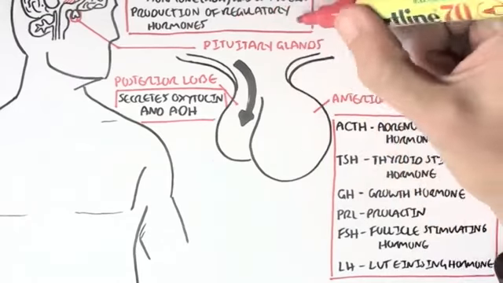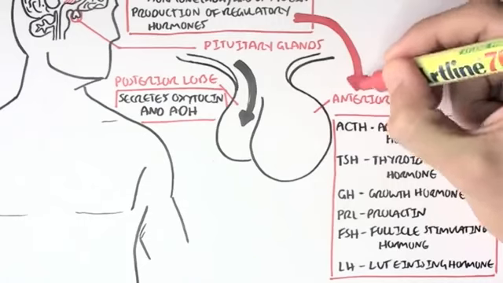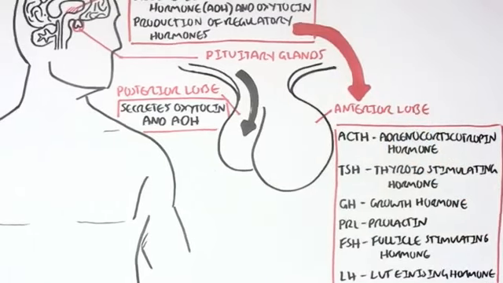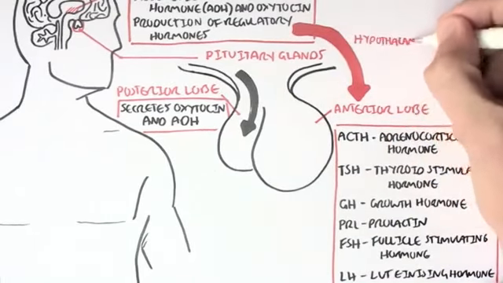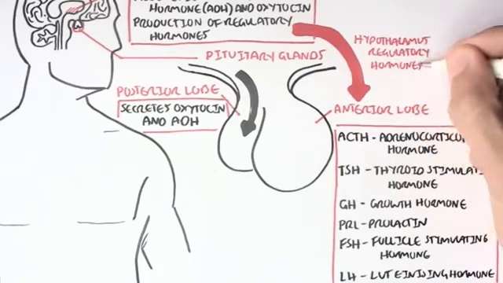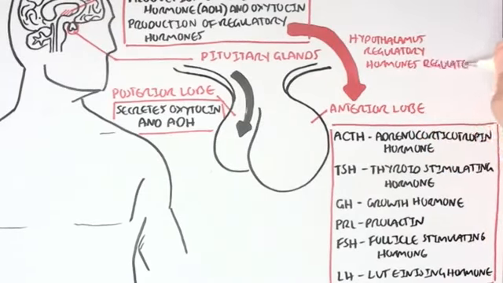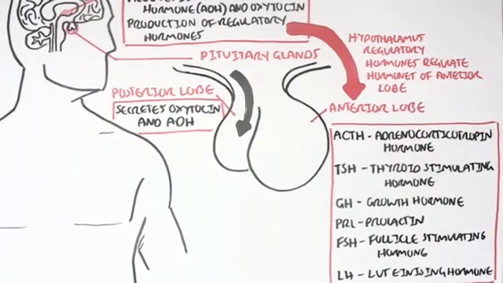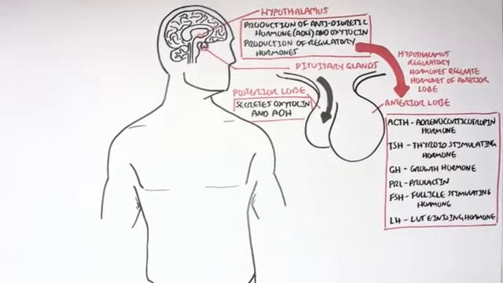So these hormones that are secreted by the anterior lobe, they are regulated by the hormones from the hypothalamus. So if you remember, the hypothalamus secretes regulatory hormones that regulate the secretion of the anterior hormones, if that makes any sense.